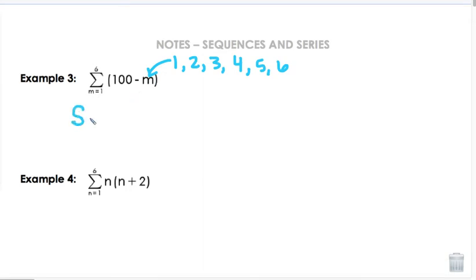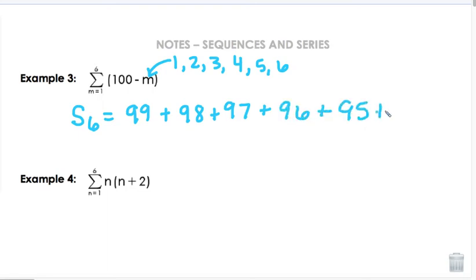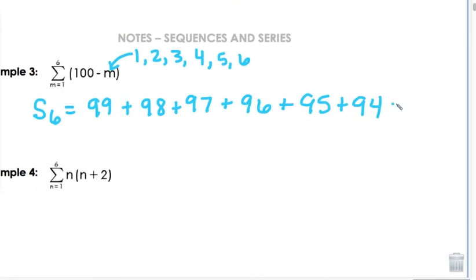So I can say S sub 6 equals, I'm going to substitute 1 in, so 100 minus 1 is 99. 100 minus 2 is 98. 100 minus 3 is 97. 100 minus 4 is 96. 100 minus 5 is 95, and 100 minus 6 is 94. And my sum is going to be 490.